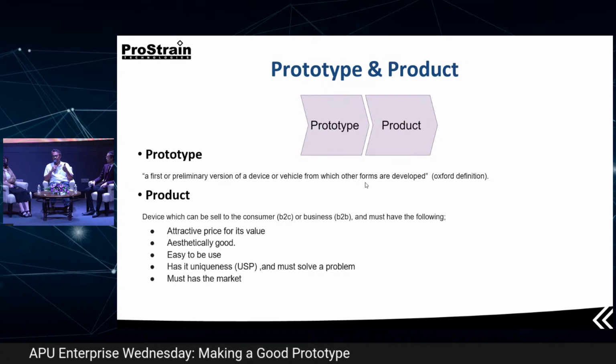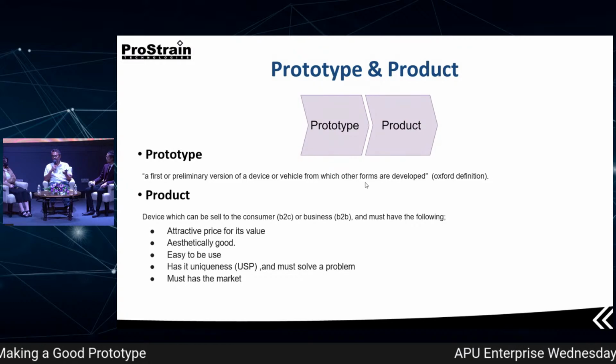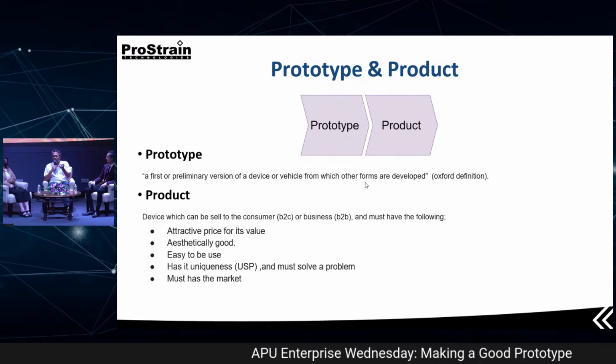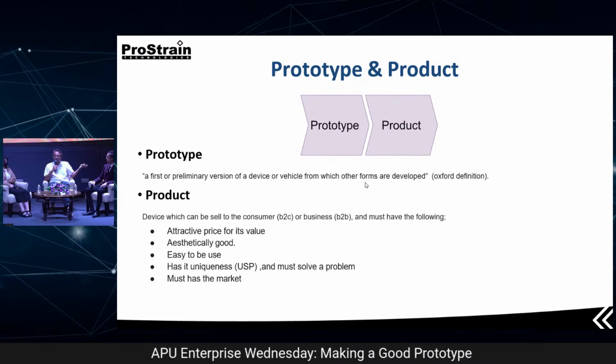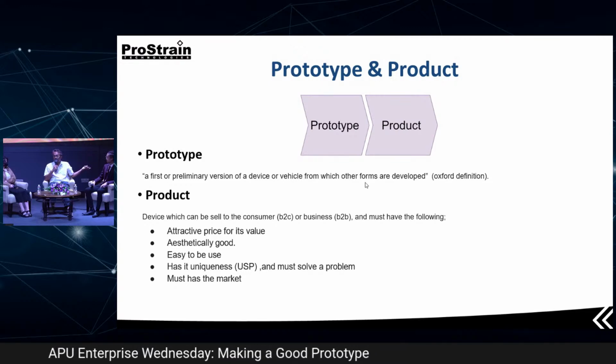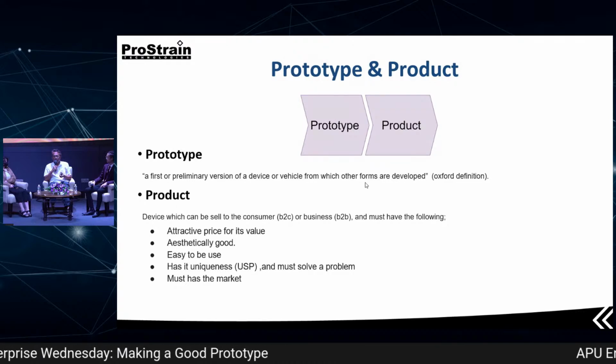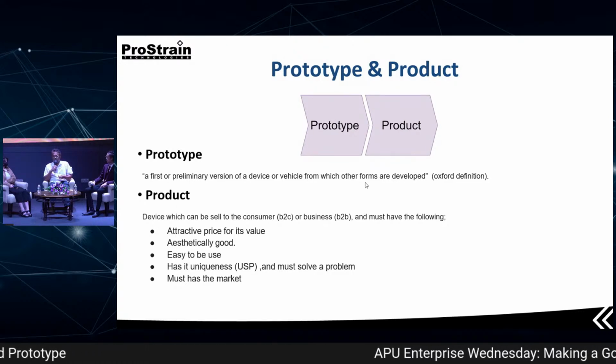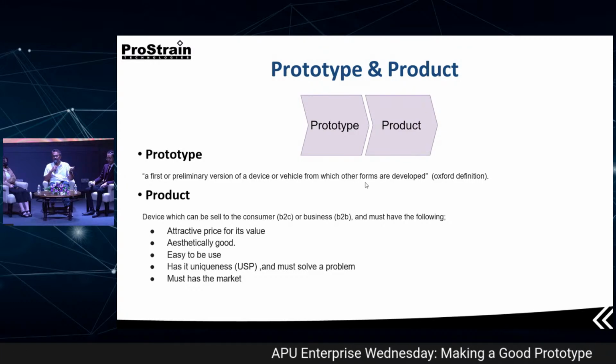Normally there is a term we call the unique selling proposition: what is the uniqueness of the product, why do you have to buy this, why do you not opt for another brand? And of course, every product must have a market. Without a market, you are selling at a loss because people don't buy.